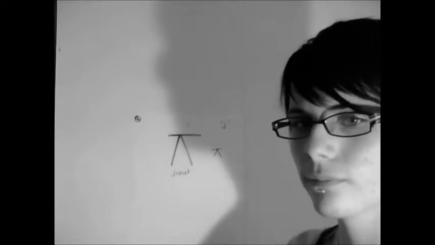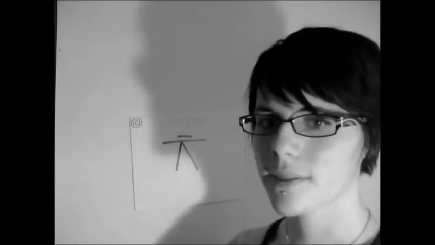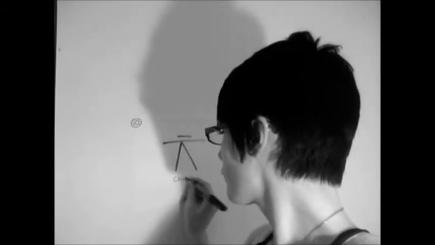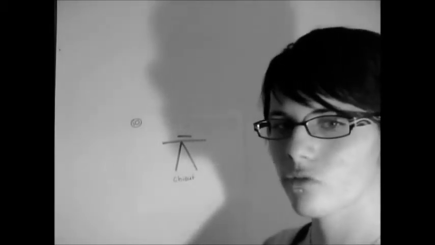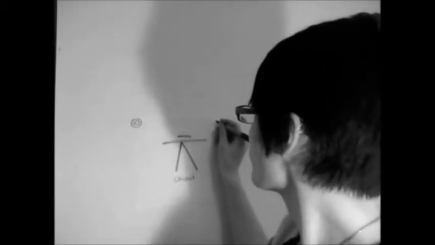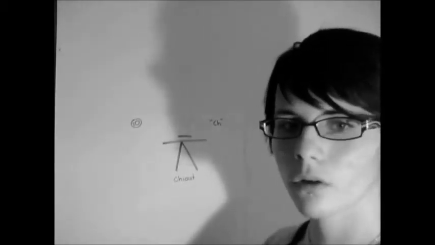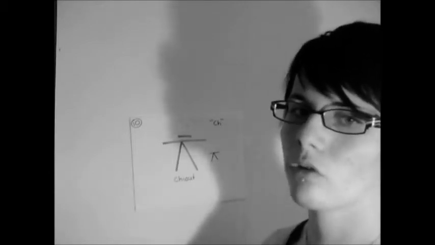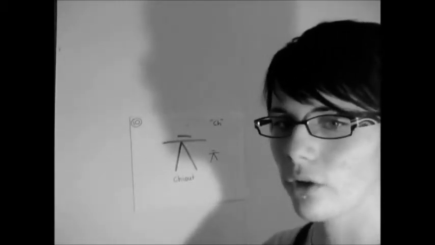This letter looks very similar to Jieut, except this one's called Chieut. Chieut says ch. So you write this like you're writing the Jieut, and then you put the smaller horizontal line on top of that horizontal line.